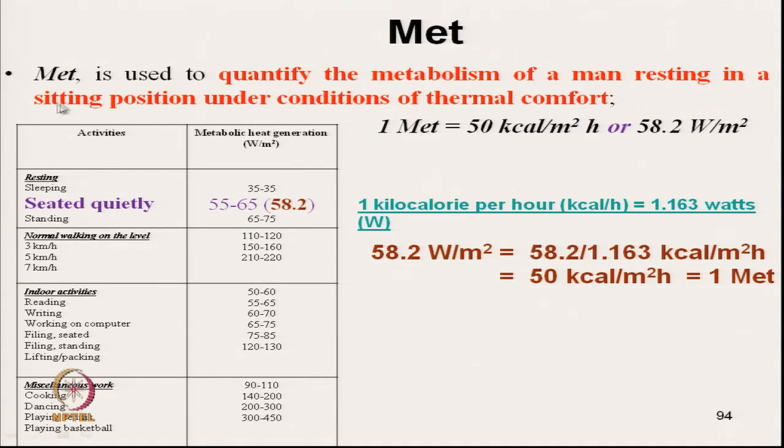As per the definition of MET, the man is resting in a sitting position. So, we can use the value of seated quietly, which is around 55 to 65 watts per square meter, and we can take the value 58.2. That means 1 MET is equal to 50 kilocalorie per square meter per hour, or 58.2 watt per square meter.